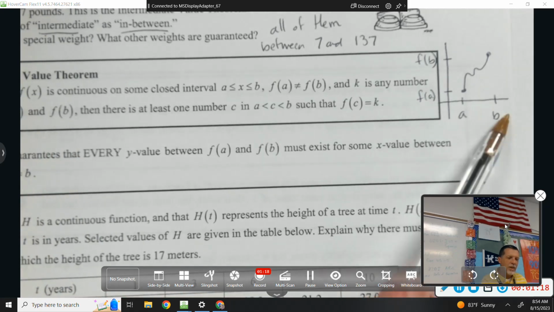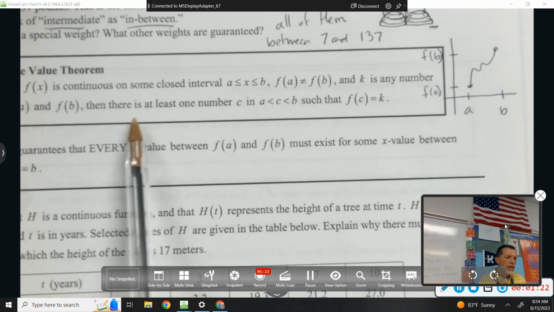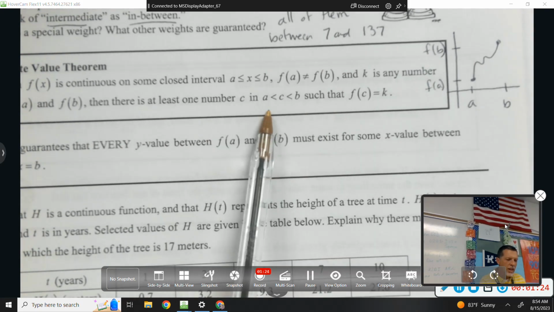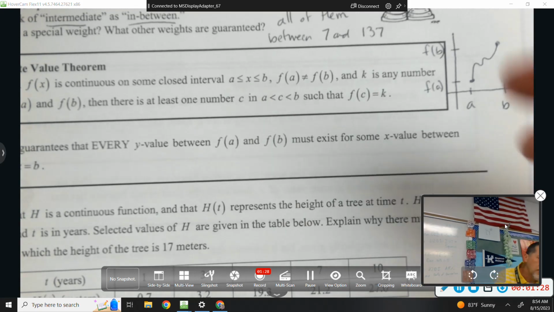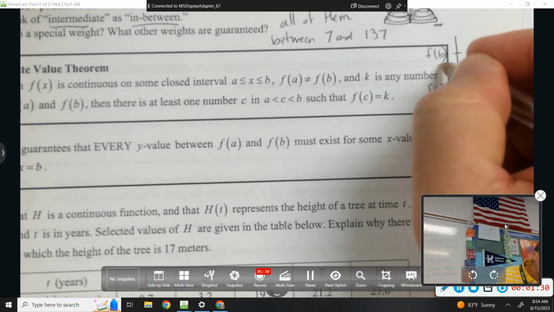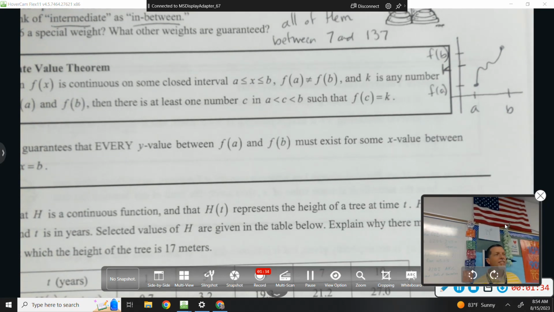So there's a to b, f of a, f of b. It's continuous. Then there is at least one number c. Oops, back up. K is any number between f of a and f of b. So there's k in between the two y values. That's the intermediate part. Actually, there's two intermediate parts. K is in the middle.